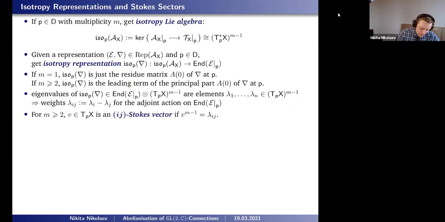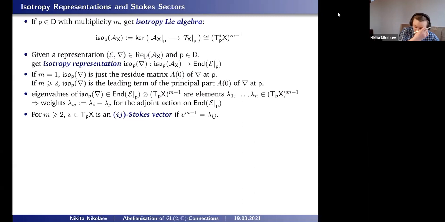So if m is greater than or equal to 2, so I'm at an irregular pole, a pole of higher order, then of course these eigenvalues, they're not numbers, they are genuinely vector fields raised to some power, or whatever, tensors.